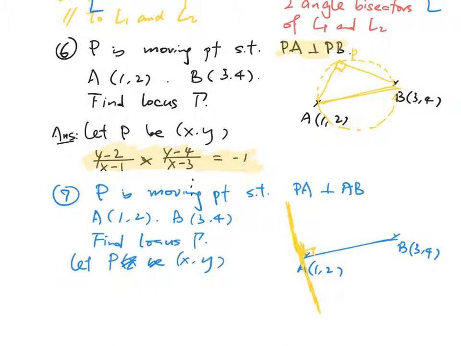As a result, according to the question, you have (y minus 2)/(x minus 1), which stands for the slope of the line PA, and then we multiply it by the slope of AB, so it's (4 minus 2)/(3 minus 1), which makes 90 degrees. That means the product of slopes is minus 1. So that's why you can go ahead to simplify the expression and obtain an equation of a straight line.